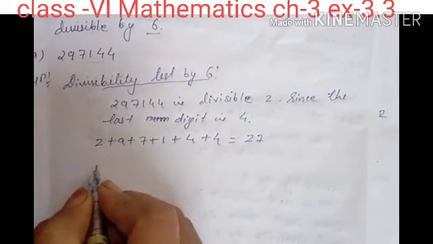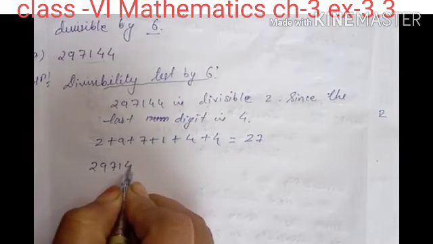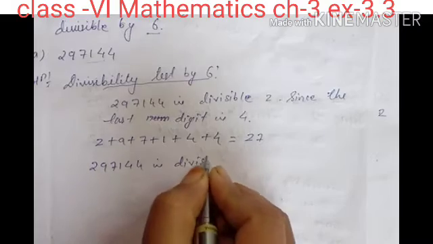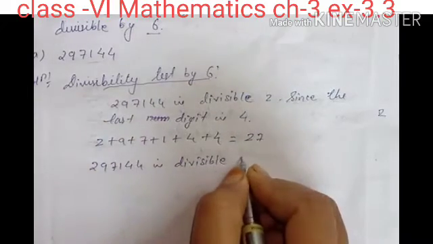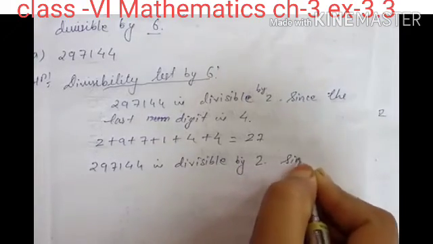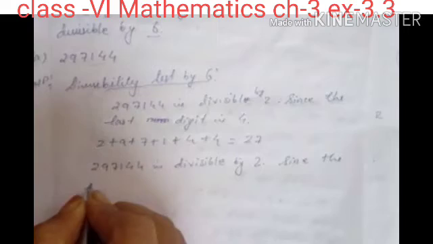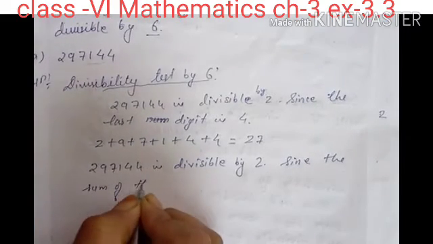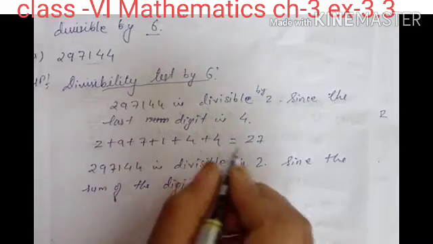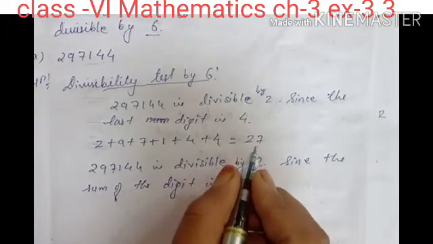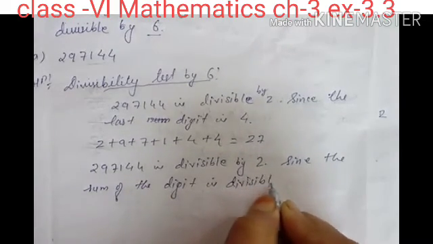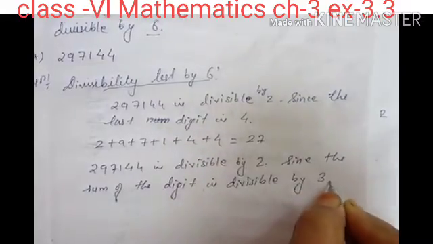So you can write 297,144 is divisible by 3, since the sum of the digits, which we got as 27, is divisible by 3.